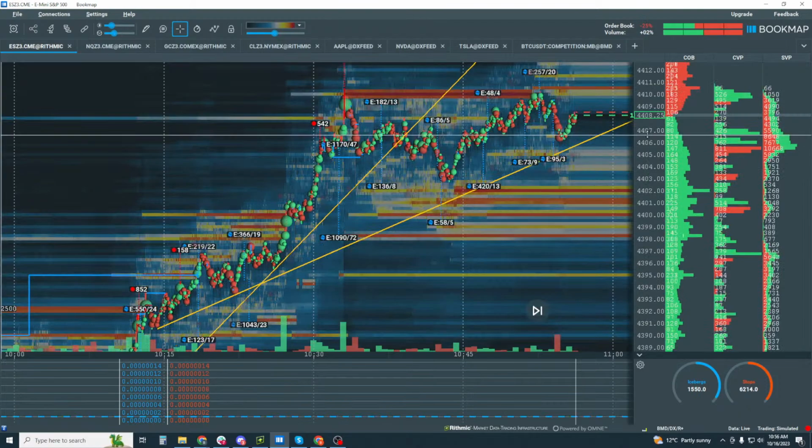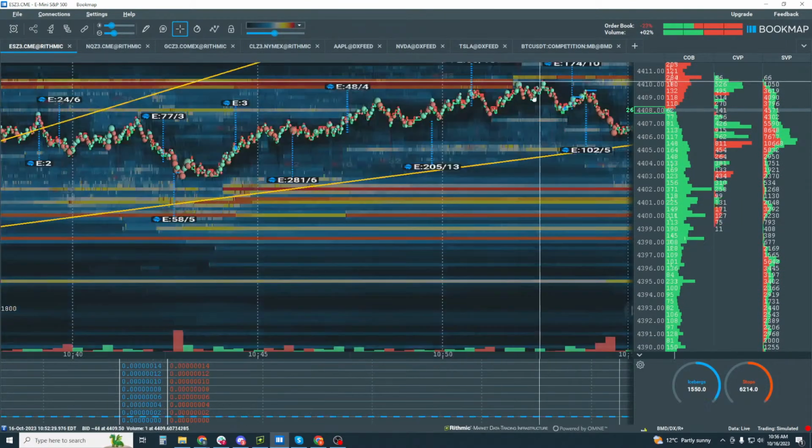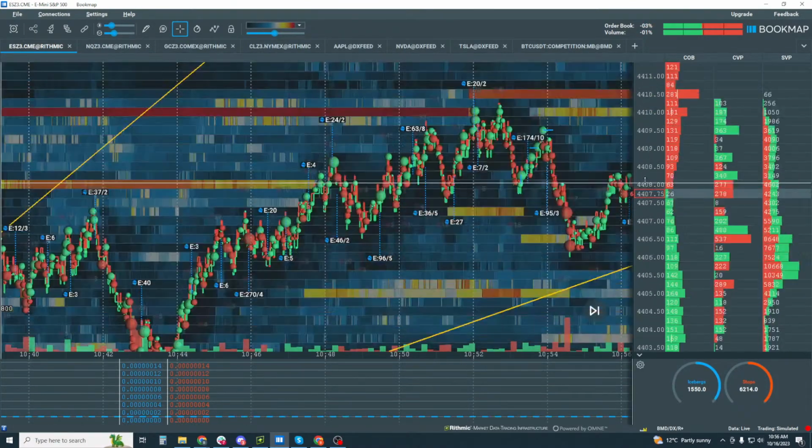All right, that's been it so far, hitting that 10, and then that larger player split out his liquidity up there.